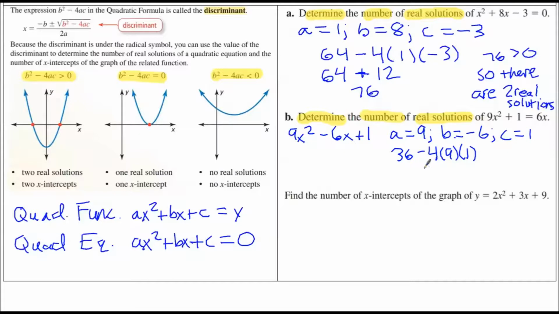That's 36 minus 36, which is 0. And 0 is equal to 0. I should have said this last time, but if this is equal to 0, then there's one real solution, one x-intercept. The last one, 76, was greater than 0, so the value of the discriminant was greater than 0, and that's why there were two solutions. One real solution.